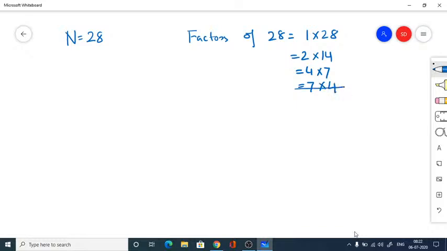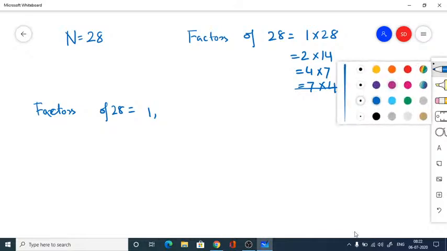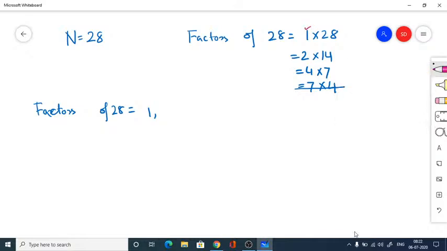So it is repeating, so we stop. So the factors of 28 are 1, 2, 4, 7, 14, 28. In this way we will write 1, 2, 4, 7, 14, 28.